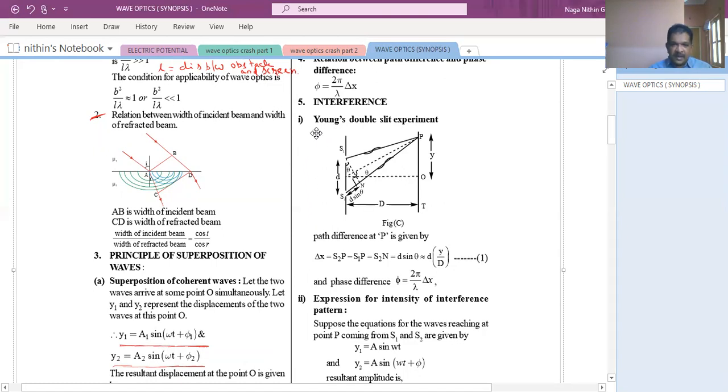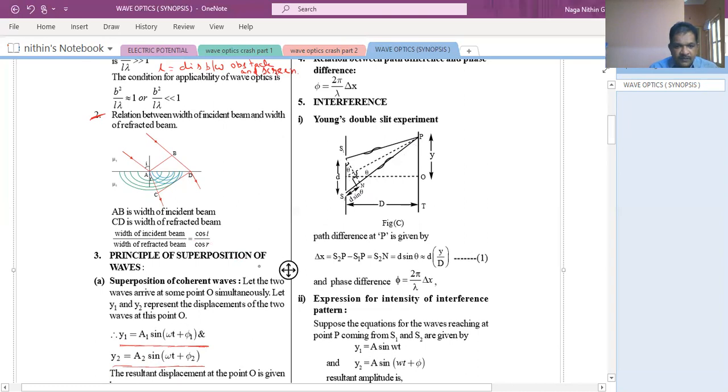Young first formed the interference pattern in the laboratory. Here from this slit, one wave is coming like this. From this slit, another wave is coming like this. What is the path difference between the two waves?